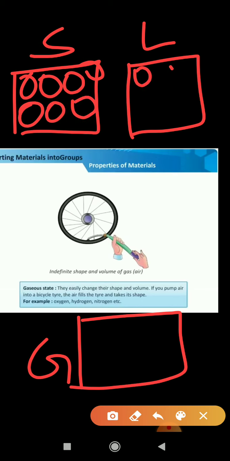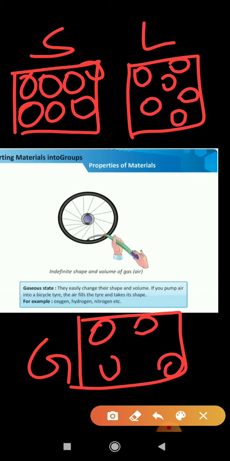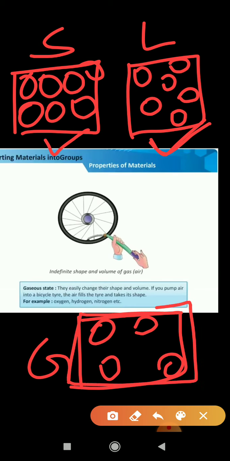In liquid state, they are a little far from each other, but in gaseous state they are very far from each other. That is why the solid state has definite shape and definite volume. In liquid state, the shape is not definite but volume is definite. If we talk about gaseous state, then it does not have a definite shape as well as volume.